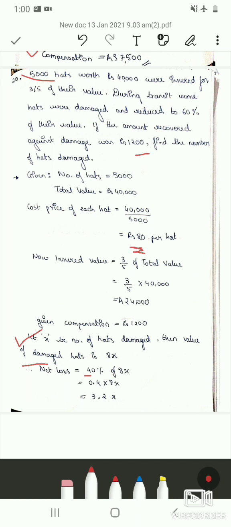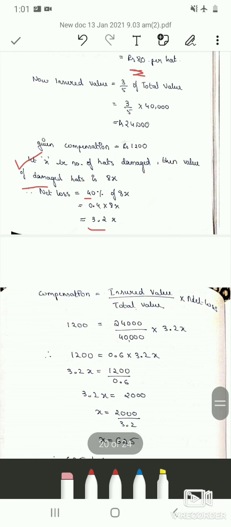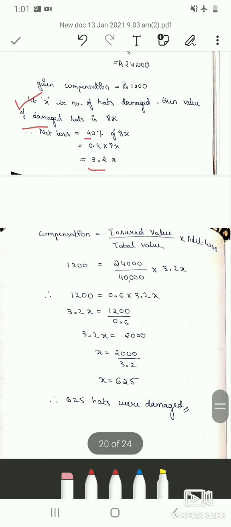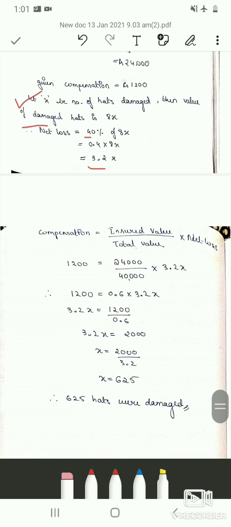We are taking 40% because they have given during the transit some hats were damaged and reduced to 60% of their value. So loss will be 40%. Therefore, the net loss will be 40% of 8x, which is 0.4 into 8x, which is 3.2x.